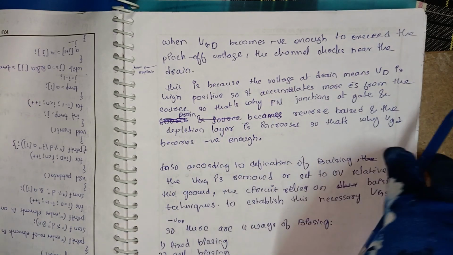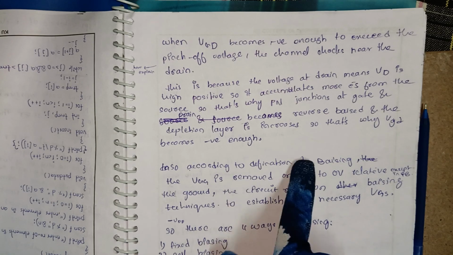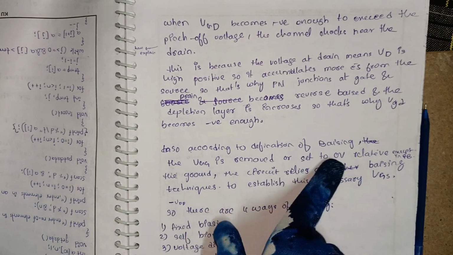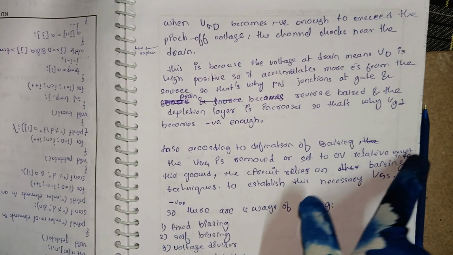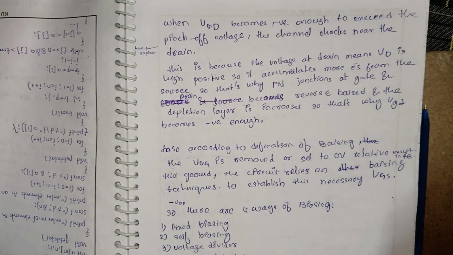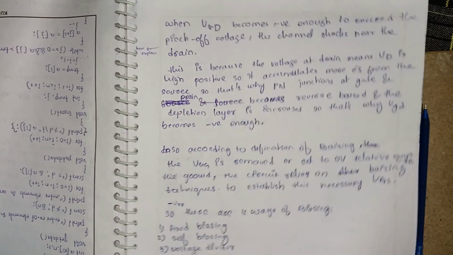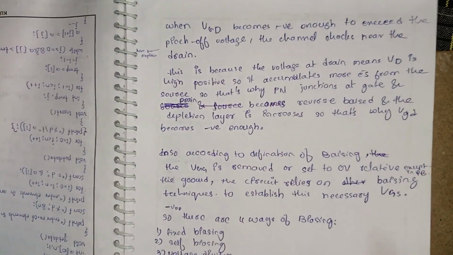And then, according to the definition of biasing, VGG is removed or set to 0 relative to the ground, except in fixed biasing.